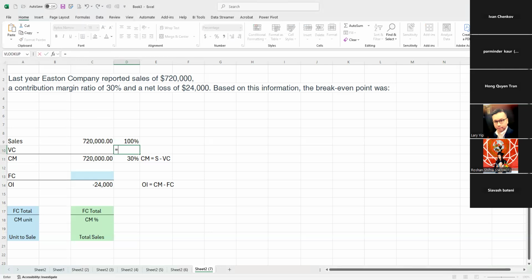Yes. How much will that be? 70%. Okay. So now, if I have the 70%, can I get my variable cost? Yes. This one times 70%. Do I have my contribution margin? Yes. If I know that I'm losing money, do I know how much my fixed cost is?